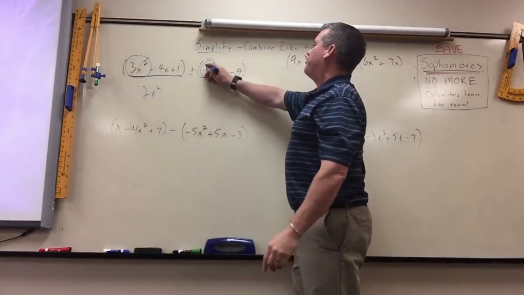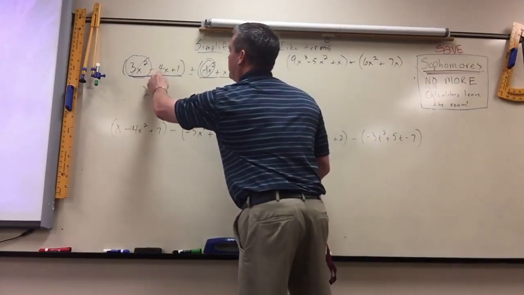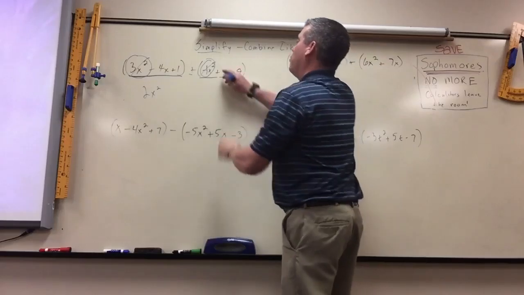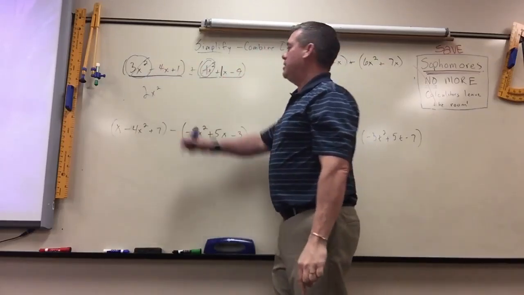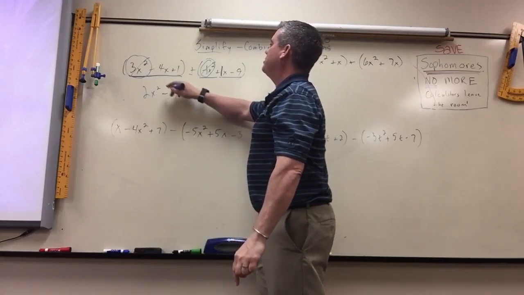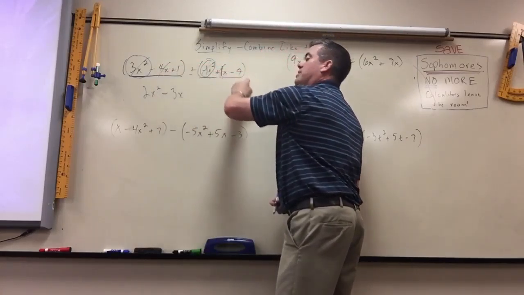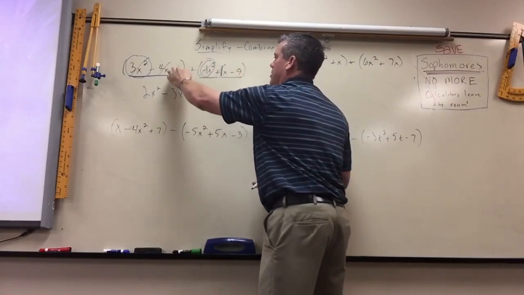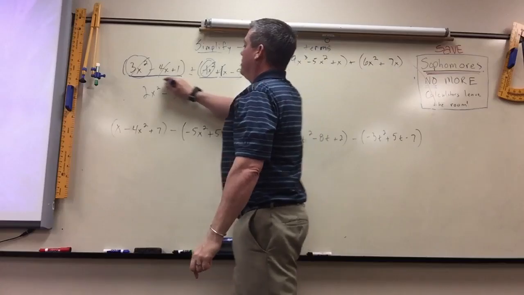Remember, if there's nothing in front of it, that means it's a 1. Then the x's, this is a negative 4 and a positive 1. A negative 4 and a positive 1 is negative 3. So you put negative 3x. And then the constants, it's a 1 minus 9. Or you can think of it as 1 plus a negative 9, is a negative 8. So that's it.